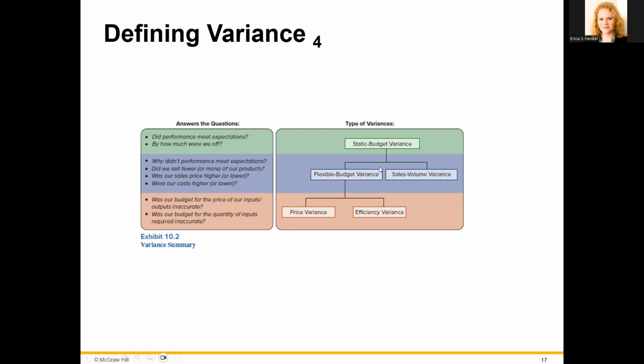So, with respect to a budget, we talked in our budgeting chapter about the difference between a flexible budget and a static budget.